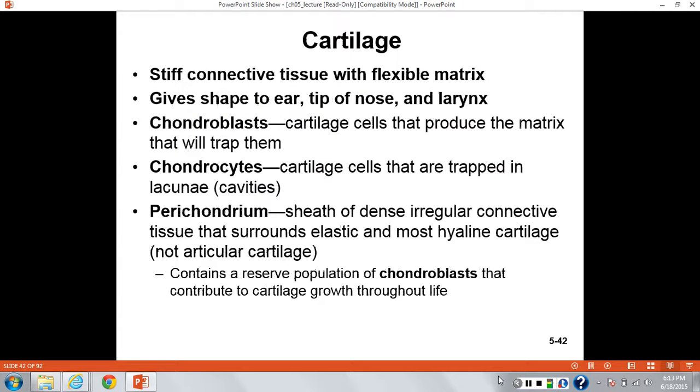Cartilage, again. Chondroblast is immature cartilage, chondrocyte mature. Alright? They lay down the framework in which bone is going to be what? Formed. Alright? The perichondrium. What does the perichondrium do? So, when you think about the ribs, what's the difference between true ribs and false ribs?